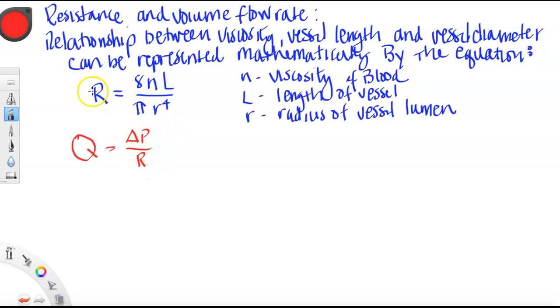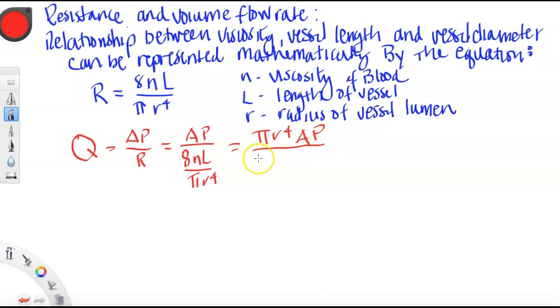If we substitute this equation for R, we would get delta P over 8NL over pi r to the fourth, which ends up being, when we rearrange everything, pi r to the fourth delta P over 8NL.